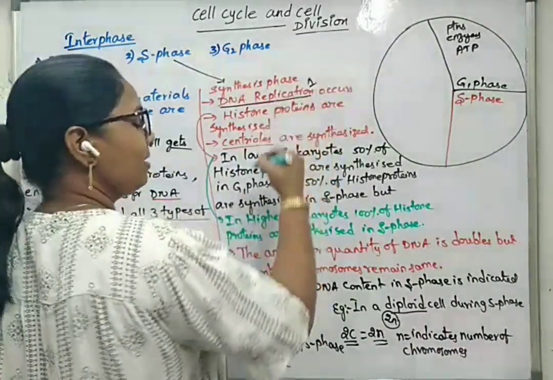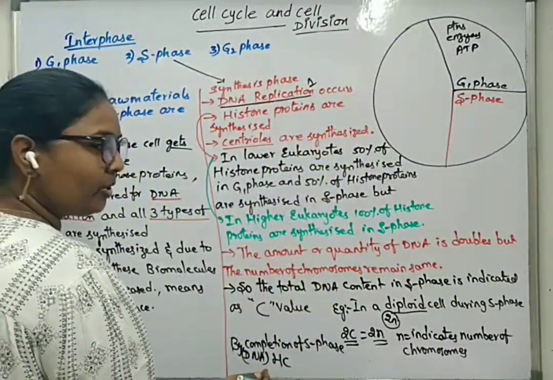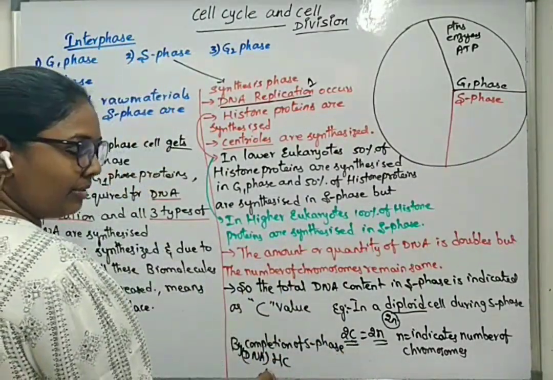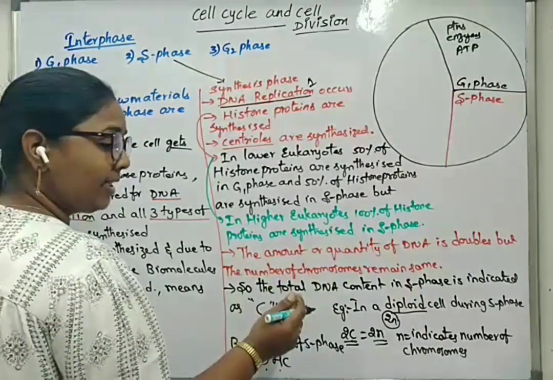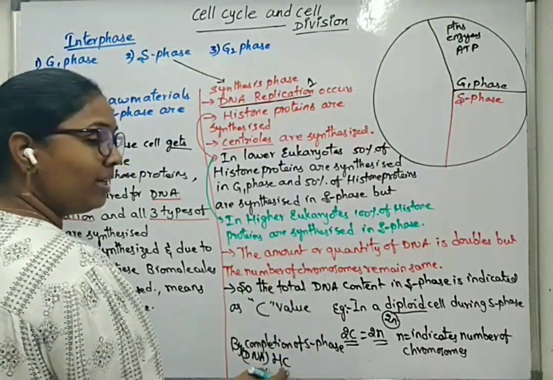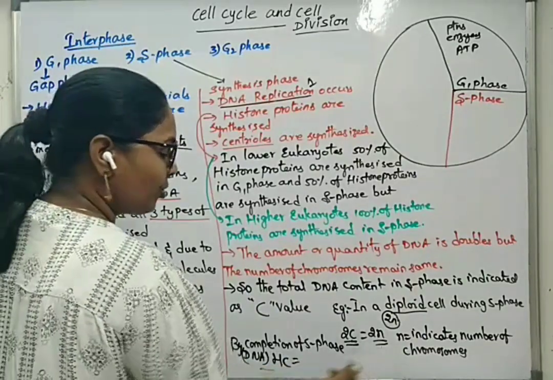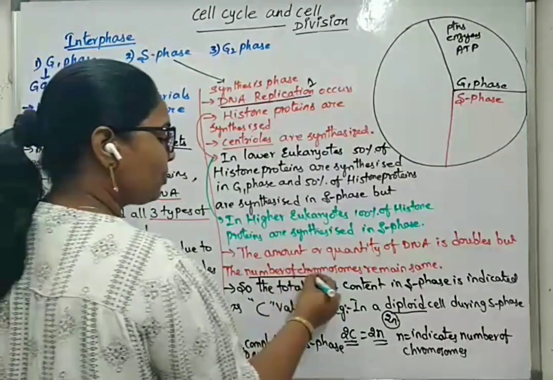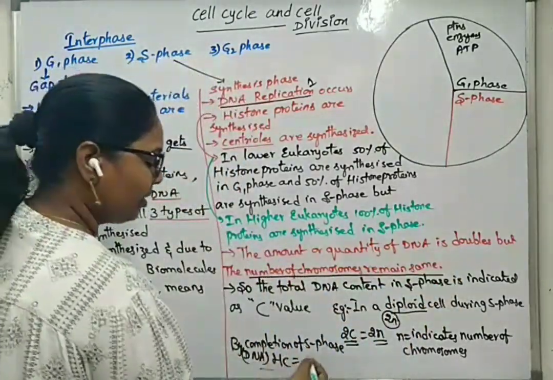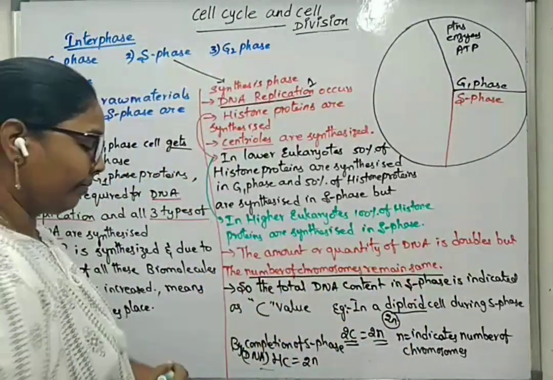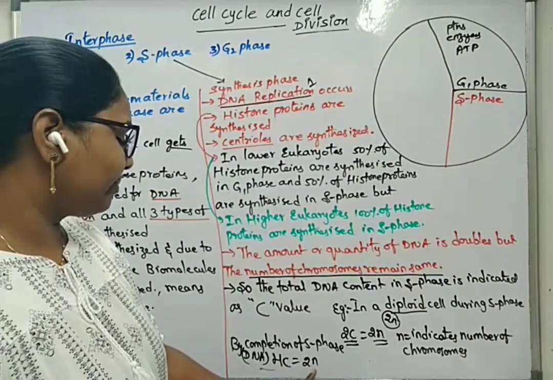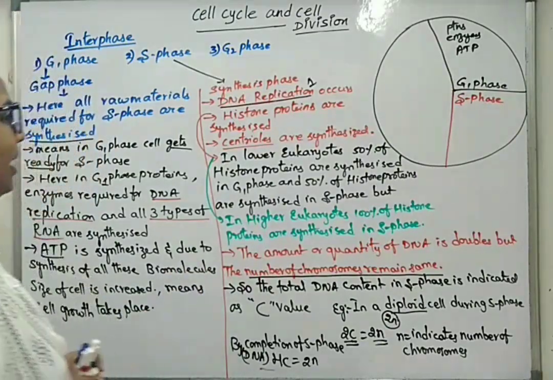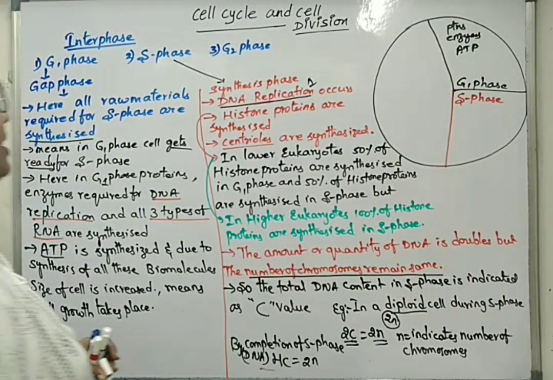Initially if its number is 1, by the completion of S phase it will be 2. So already we have written here it is C, so it will be 4C. 4C means the total DNA content by the completion of S phase has been doubled. Then what about the chromosome number? As it is a diploid cell, the number of chromosomes will not change. It remains the same, so it will be 2n only. C indicates content of DNA and n indicates number of chromosomes. So these are a few points regarding S phase.